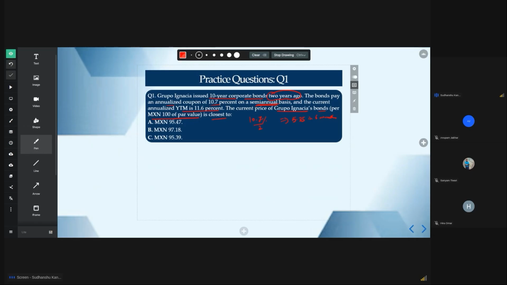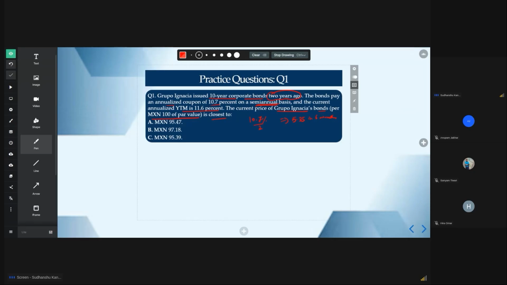So the first part to understand here is that the coupon payments will be 10.7 divided by 2, so it is 5.35 per period. Similarly, now the discount rate. The current annualized YTM is 11.6%.